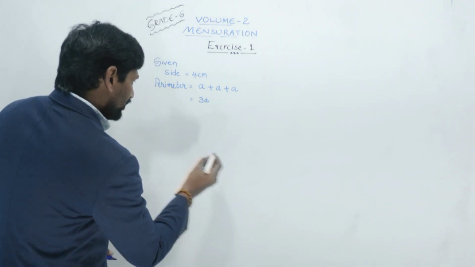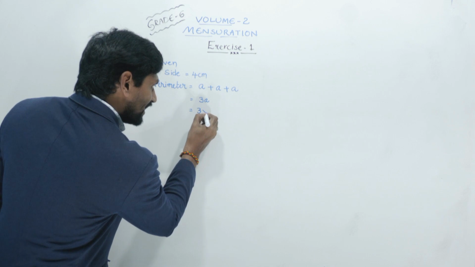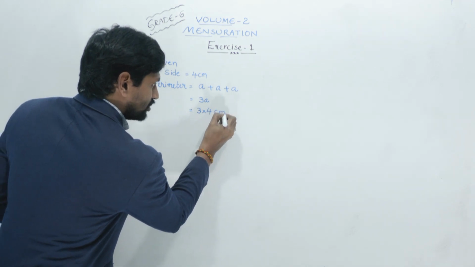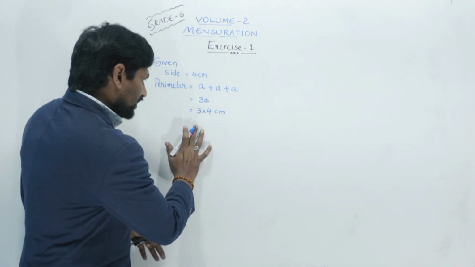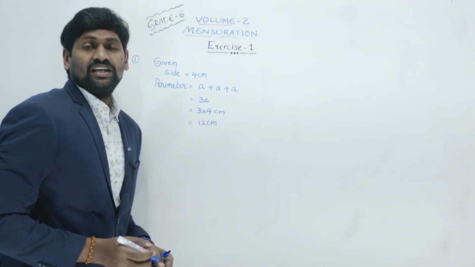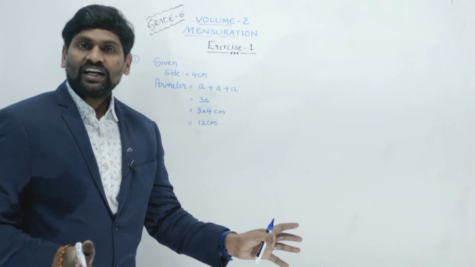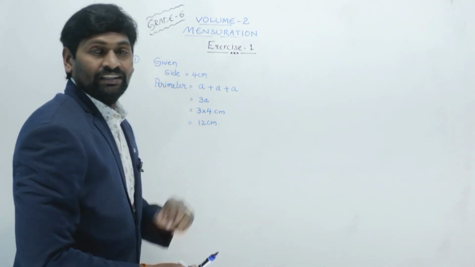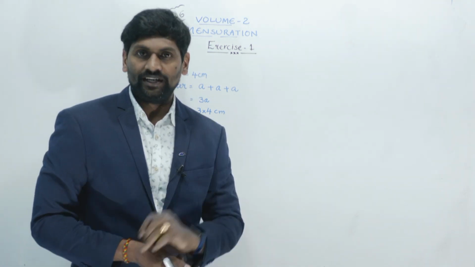The side is 4 centimeters, so 3 into 4 is 12 centimeters. This is the perimeter of an equilateral triangle with side 4 centimeters.